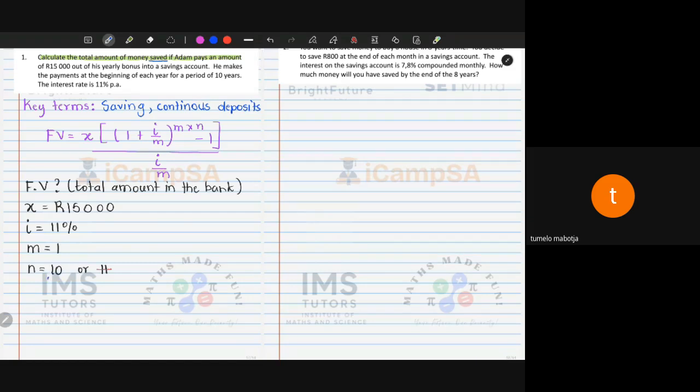So what you need to remember here is that we are saving. We are not paying back a loan or anything. When you pay back a loan, even when they say you will start paying after a certain number of months, they actually increase the period. So here we are saving, not borrowing or paying a loan.